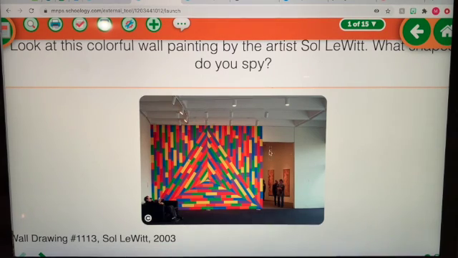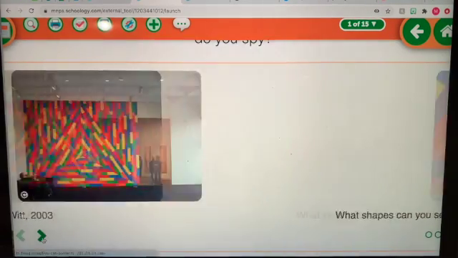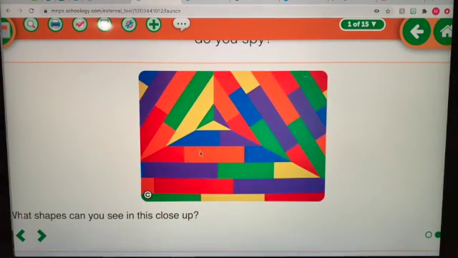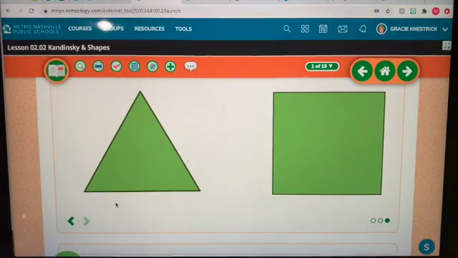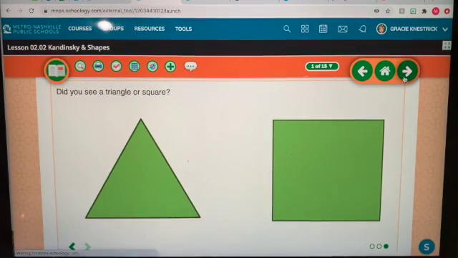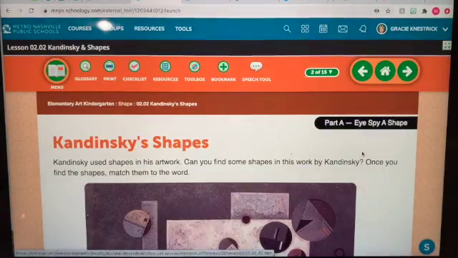So we've got a square, triangles, and rectangles. And I can zoom in so you guys can see a little bit more. So you see these rectangles that made up the big triangles, and then all the little triangles inside. Lots of different shapes.